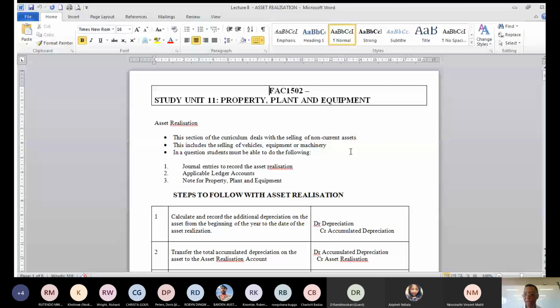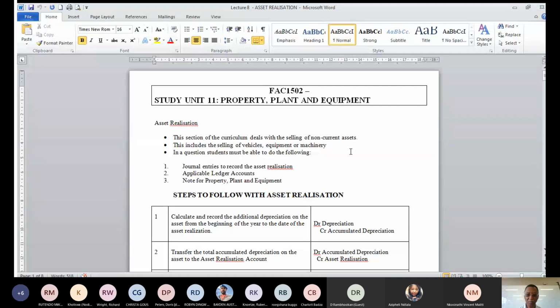When we are talking about asset realization, students, this section deals with how to dispose, how to sell a non-current asset. It will be vehicles or equipment or machinery or furniture, any non-current asset that you are selling.